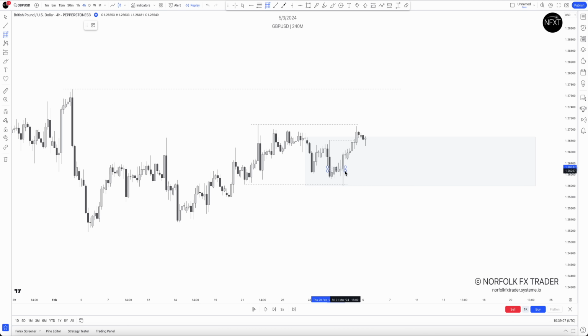So an area of imbalance left over here, which was removed. Let's mark that to the back. So this was closed through on this candlestick after we, in fact, swept the low here, and we swept this low here to the left.